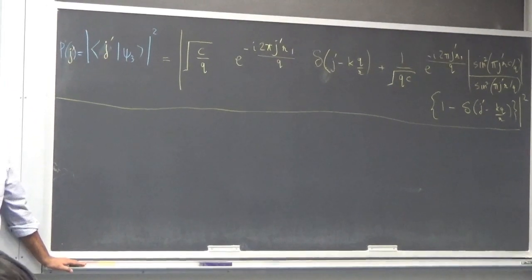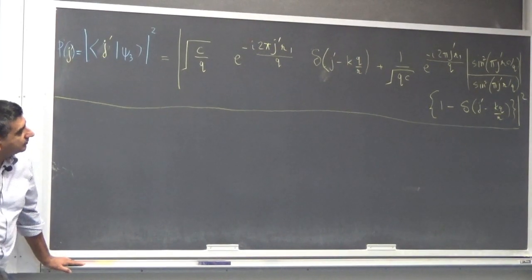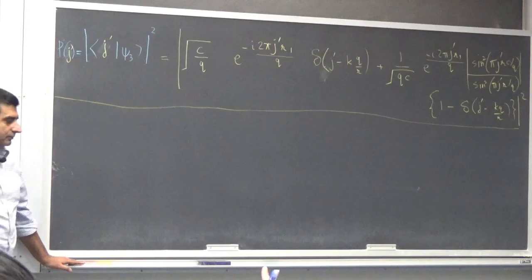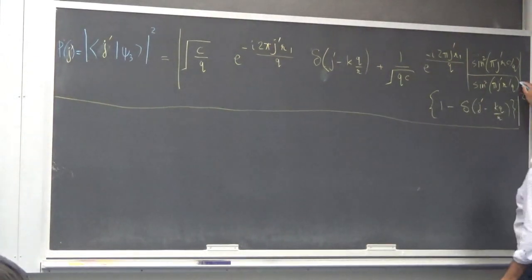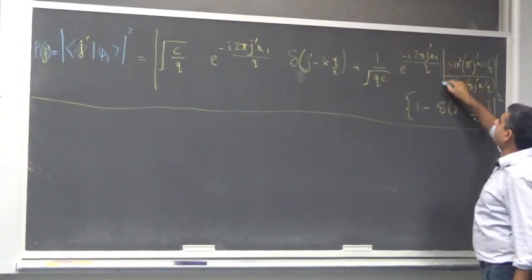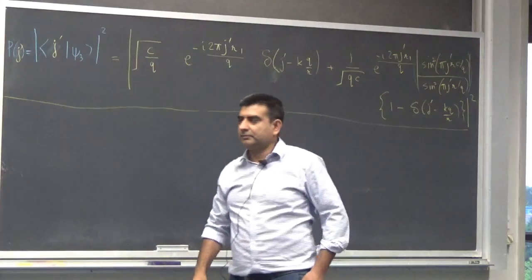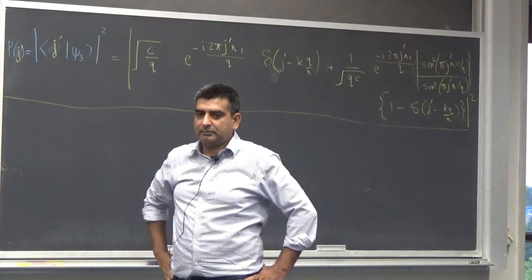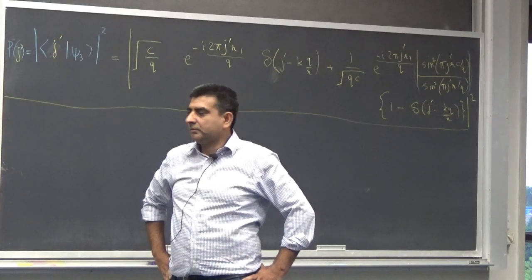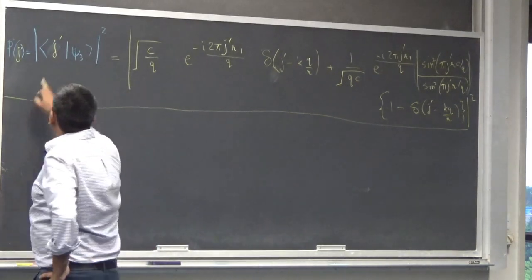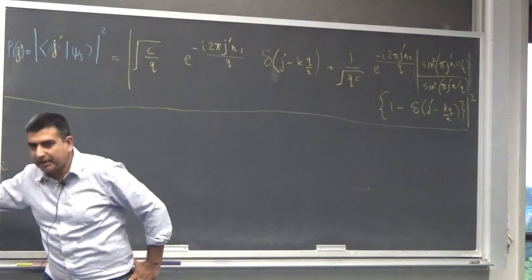This is a real number anyway. Brackets can be put in, no problem. No, because this j prime is one of the j's, and so you take the overlap of j with j prime.